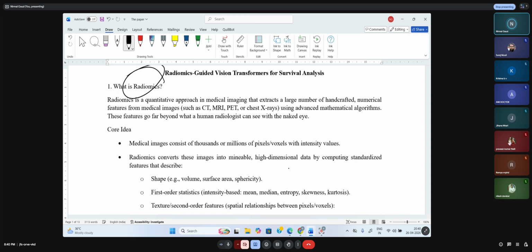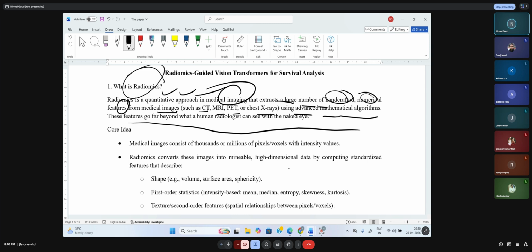Radiomics is a quantitative approach in medical imaging that extracts a large number of handcrafted numerical features from images such as CT, MRI, PET or chest X-rays using advanced mathematical algorithms, beyond what a human radiologist can see with the naked eye.